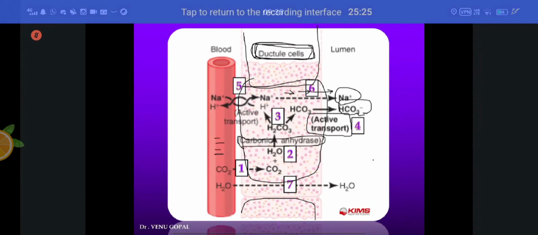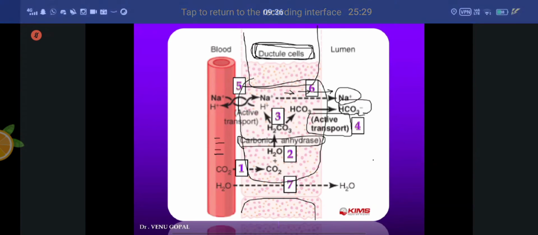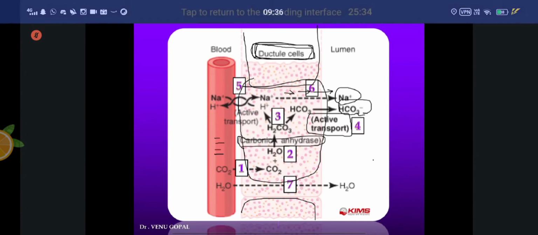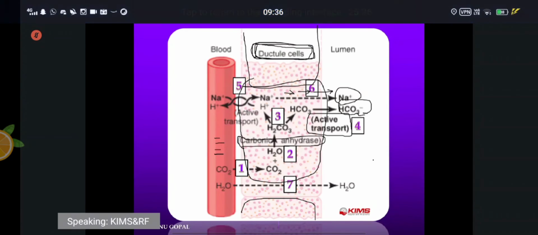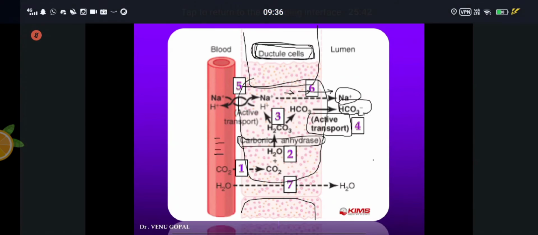The ductal cell is the beginning point. On either side, the right hand side is the lumen, the left hand side is blood or interstitial fluid. Start with carbon dioxide and H2O, that is steps 1 and 2, with the help of carbonic anhydrase. Then third is bicarbonate ion and H plus. Bicarbonate ion moves out by active transport, that is step number 4.